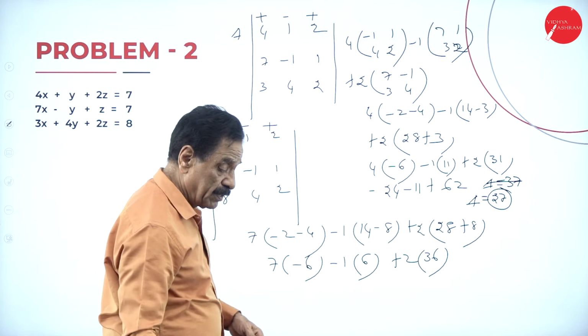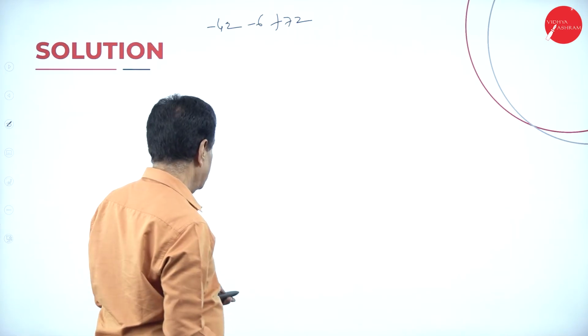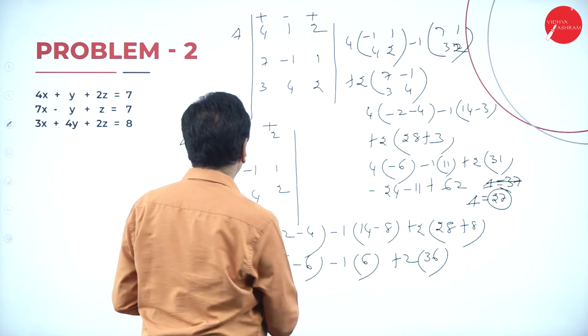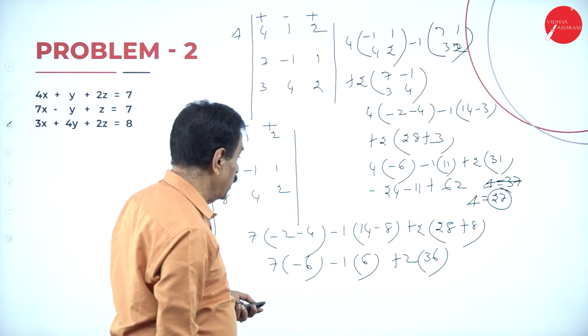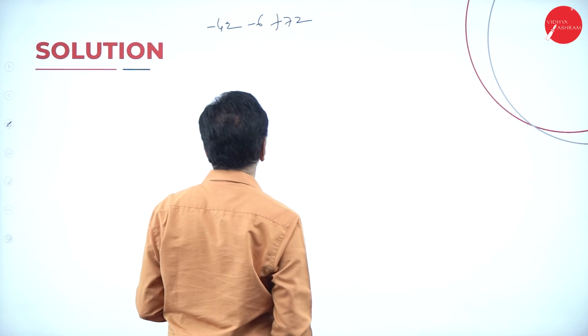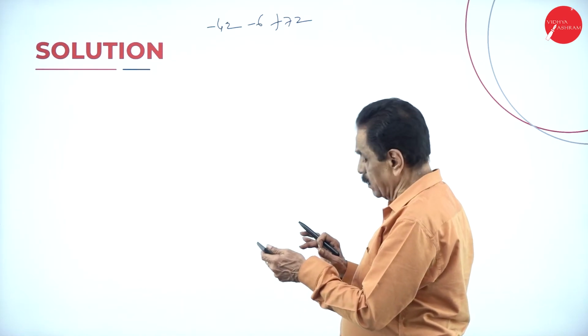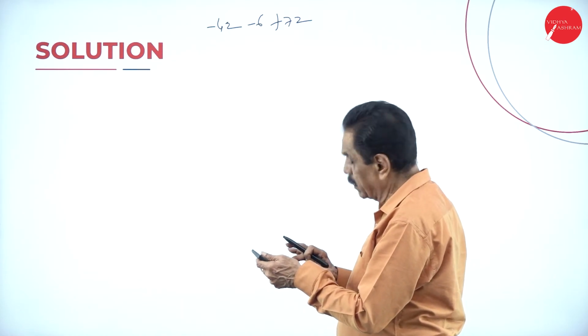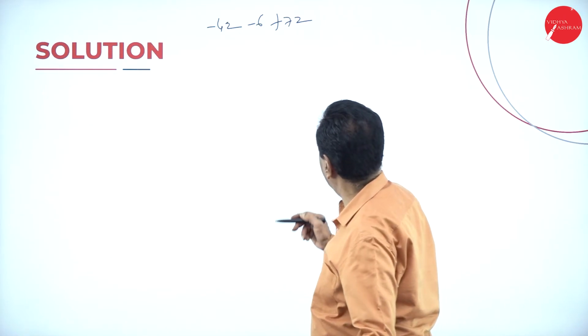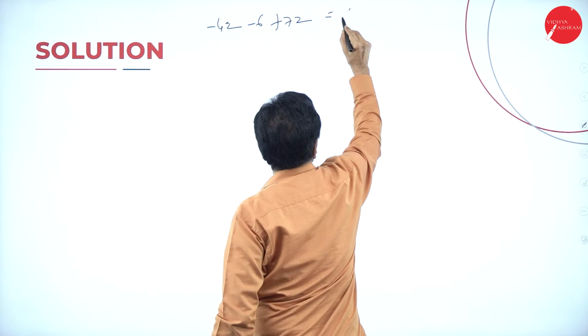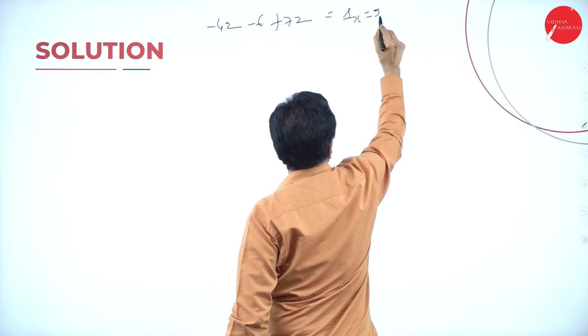This is minus 42. Then minus 6, right? Then 72. 72 minus 6 minus 42, 24. Delta x is 24.